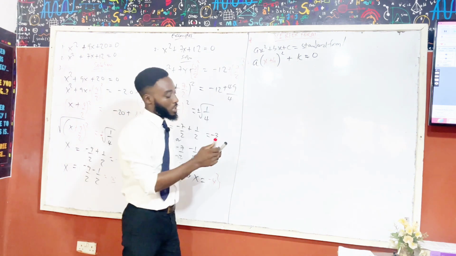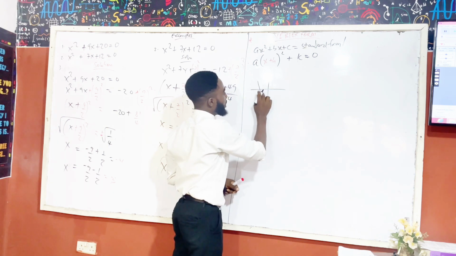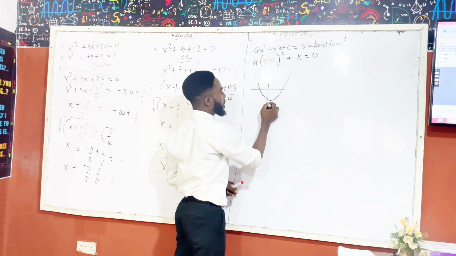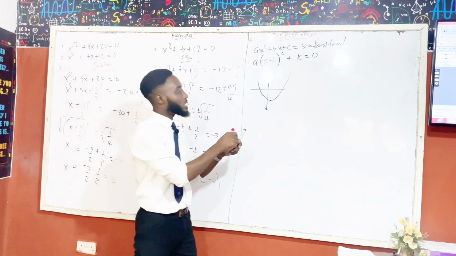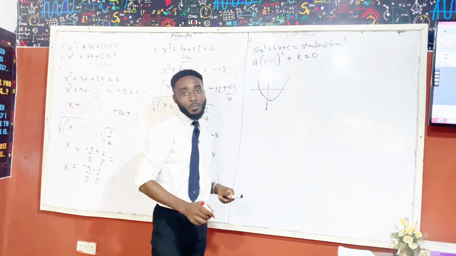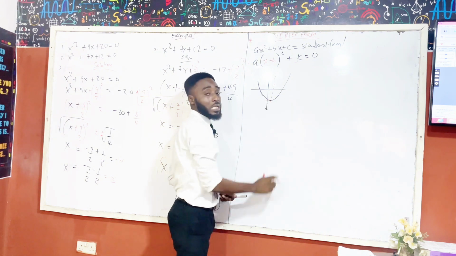For example, I know what I said, many people didn't get it. If I should have a graph like this, this is a parabola. So this h value tells me the point on x at which it is occurring. Do you get that? And then this k tells me that it's at y equals a certain number.